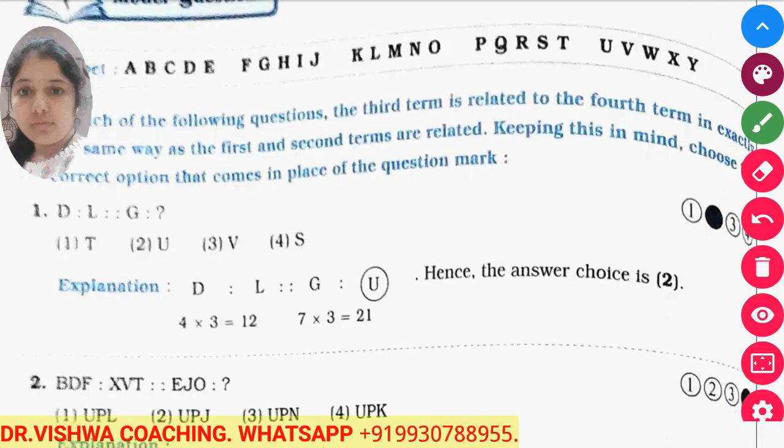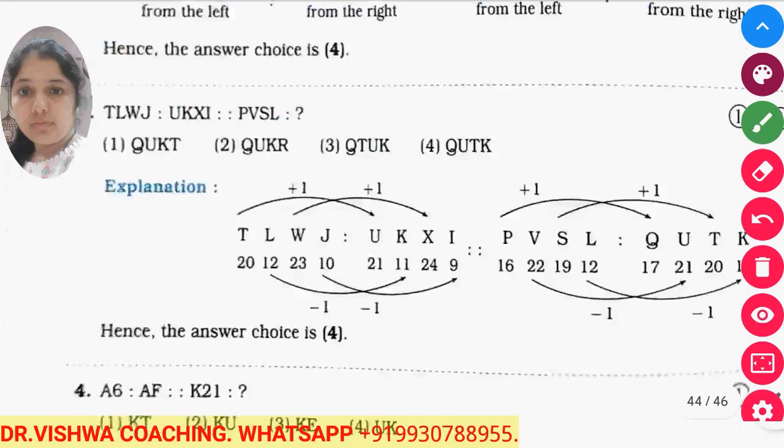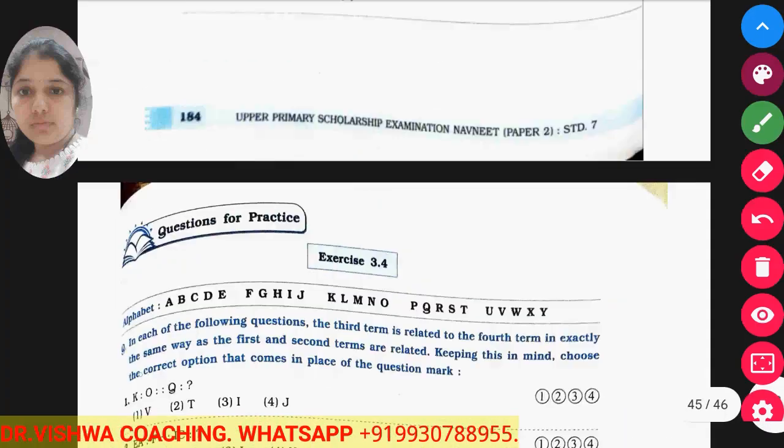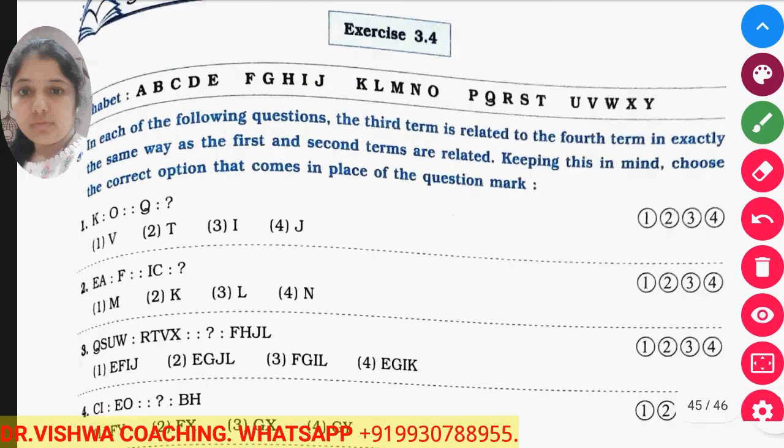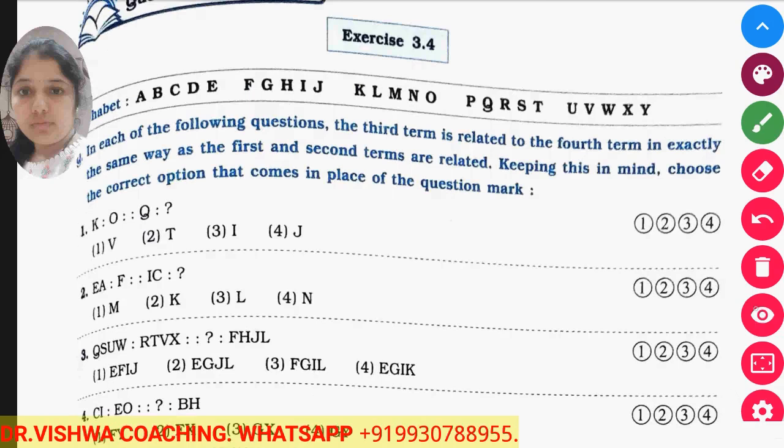They have grouped the letters into groups of five. A B C D E, the first five letters, are in group 1, then group 2, group 3, group 4, and group 5. Now we'll move ahead to the problem so that we have an idea. K is related to O; Q is related to which letter we have to find. K's position is 11th from the left side, and O's position is 11th from the right side.